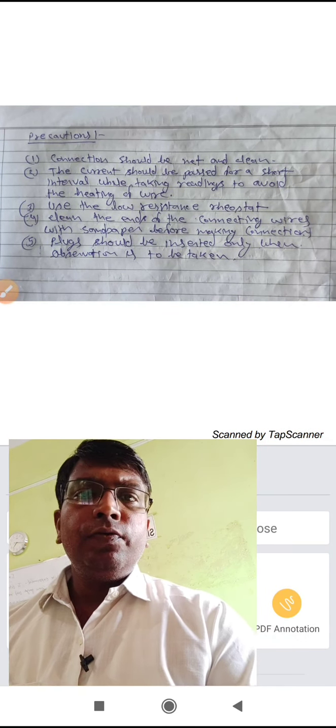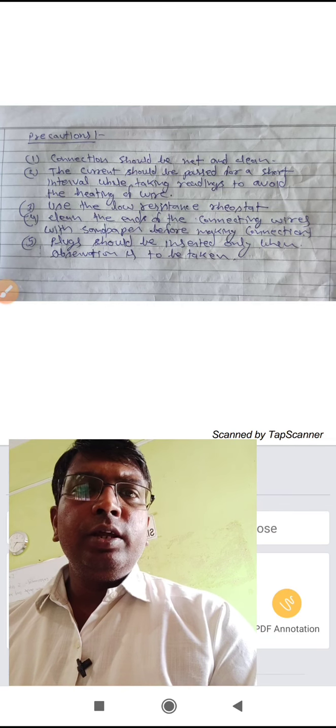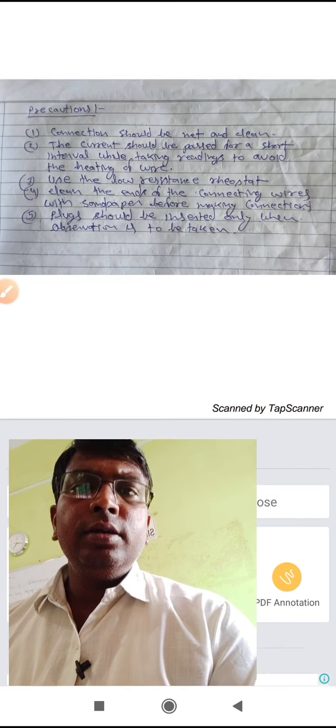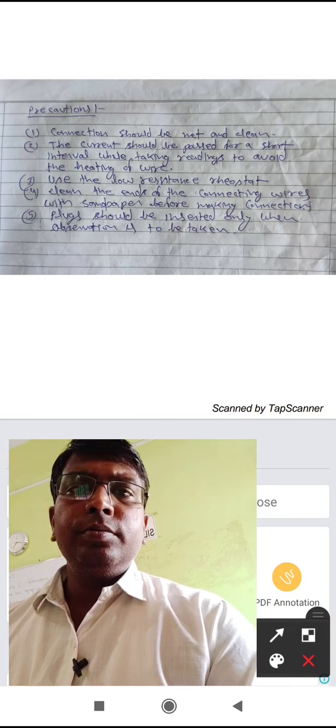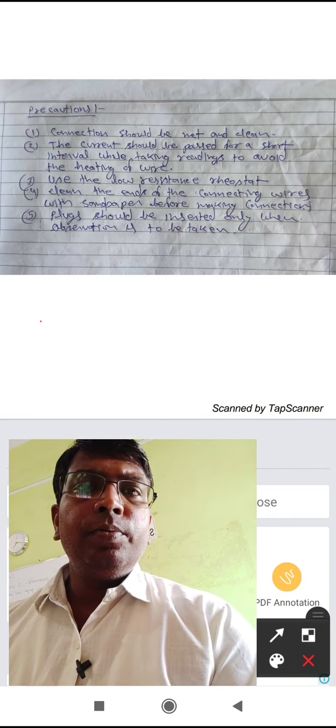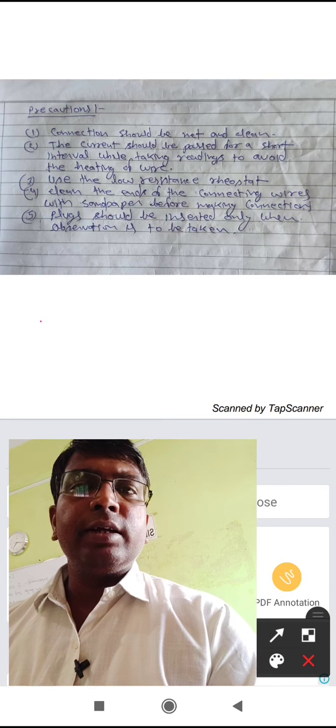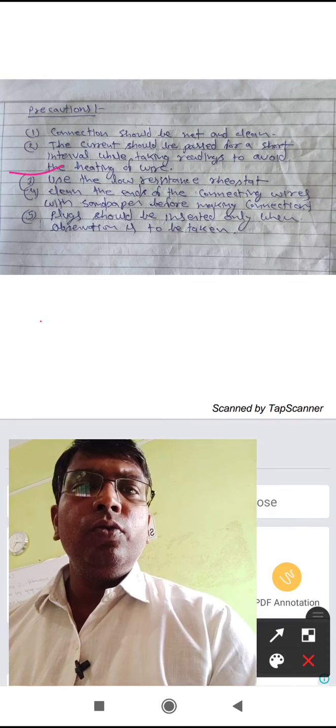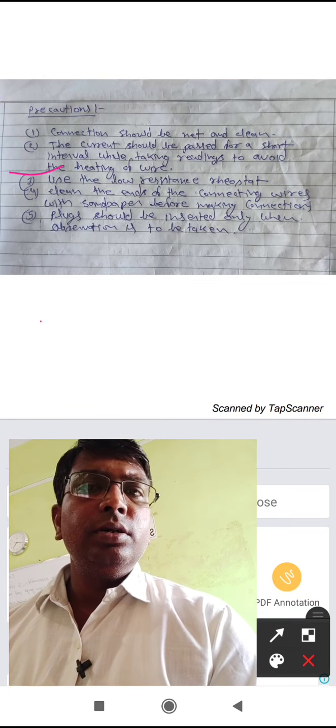Here, what are the precautions during the experiment? The first, connections should be neat and clean. Second, the current should be passed for a short interval of time while taking readings, to avoid the heating effect, and use a low resistance resistor.